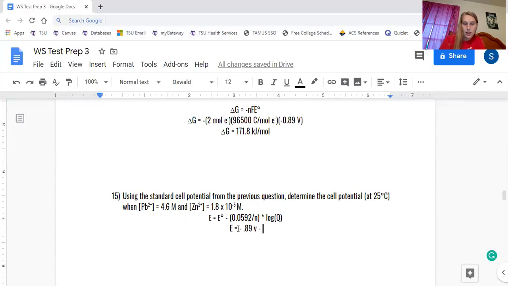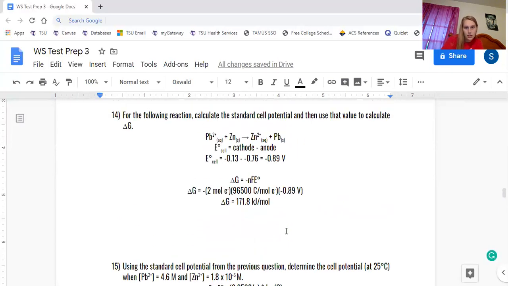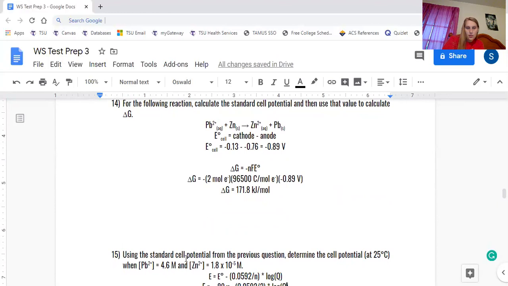Okay, so we're going to subtract this. I'm just going to copy and paste that. N is going to be the same as last time, so that's our 2 once more. And our Q, remember how you find Q, because we're using the same equation that they had here. It's the products over the reactants.